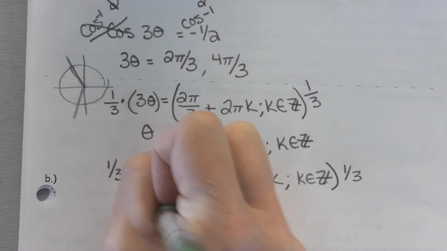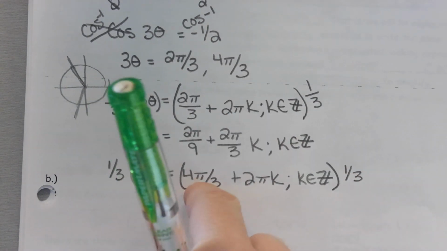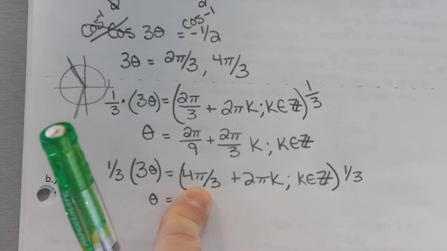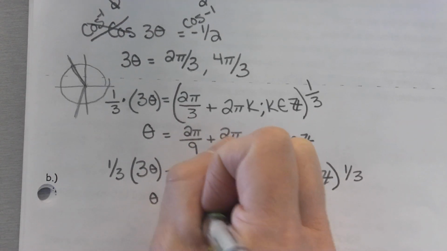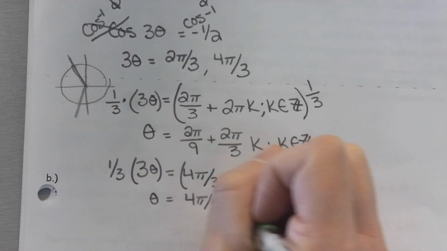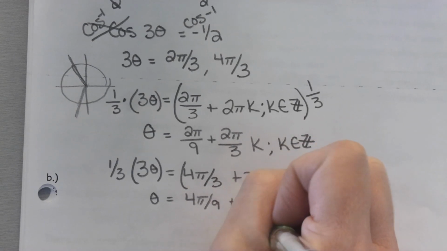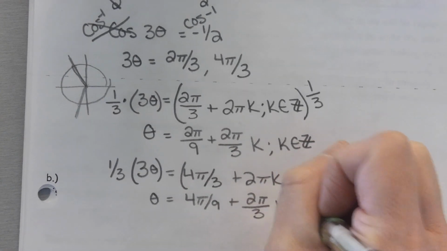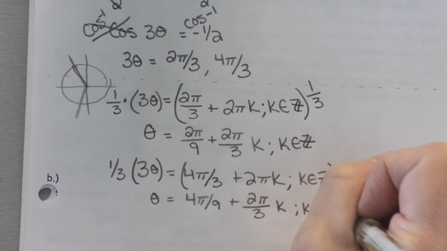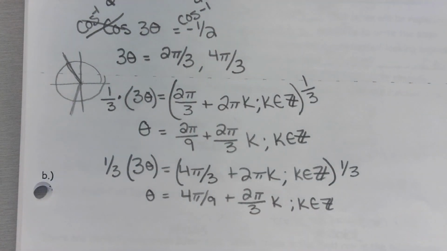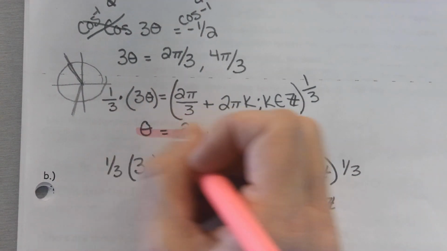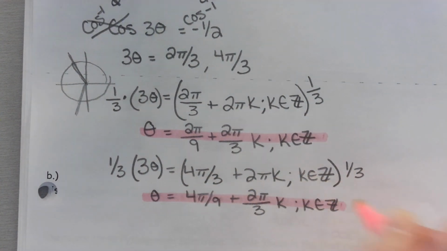So theta equals, this is going to give me 4 pi over 9 plus 2 pi, or 2/3 pi k, where k exists in the set of integers. So my solutions for part 1 are this and this.